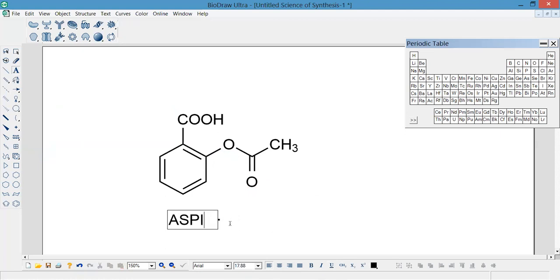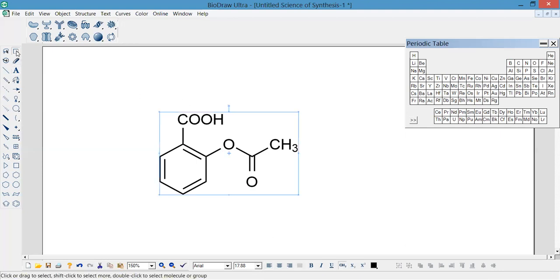This is aspirin, known as acetyl salicylic acid. Now you can draw the structure of this compound. Select this compound first, then select the toolbar.